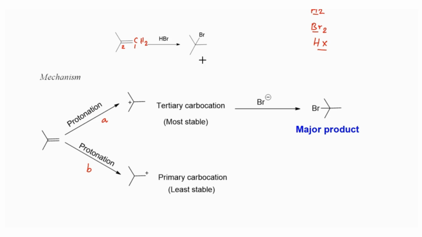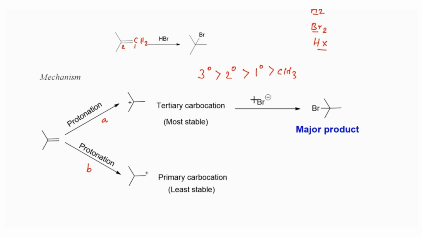We know that the stability order of carbocations is tertiary, which is always more stable than secondary, followed by primary, followed by methyl. Now which one will always form in the major amount? It depends on the stability of the carbocation. That means this carbocation will be formed in the major amount.